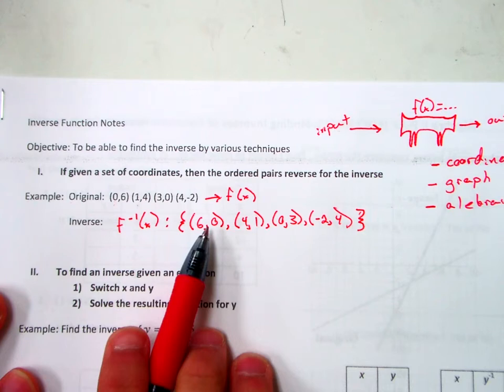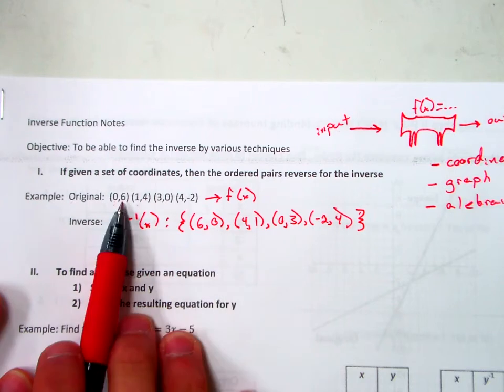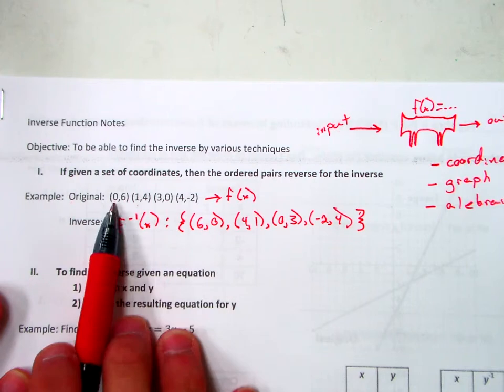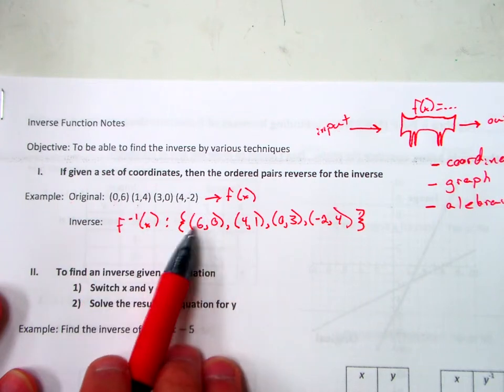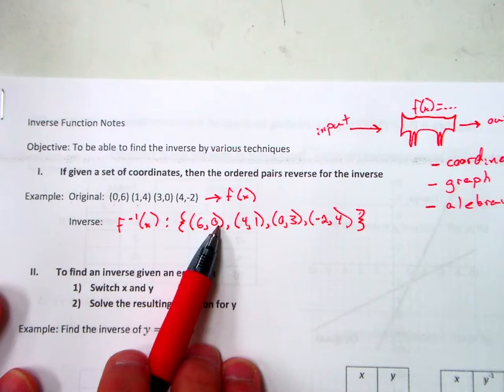These 4 points, notice all my x and y values have been exchanged or flipped or switched. So my x value now becomes my y value of the inverse. So it's totally opposite. But that idea of switching your x and y value, that is what inverses are generally all about.